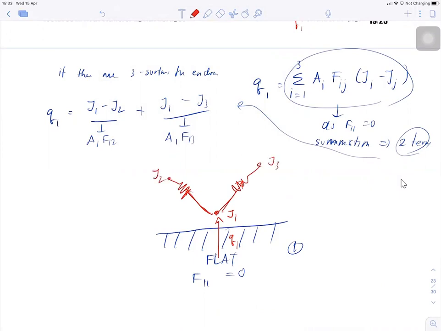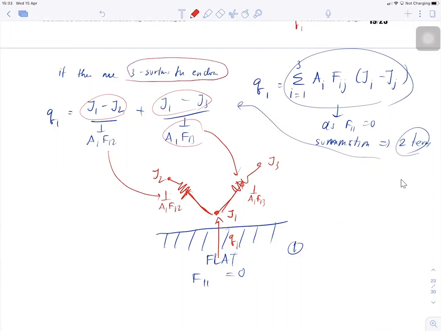This is going to be J3. See? J1 minus J2, J1 minus J3. And this is the thermal resistance, 1 over A1 F13. Okay? Understood? So I already make the assumption that right now we are talking about surfaces for enclosure, right?